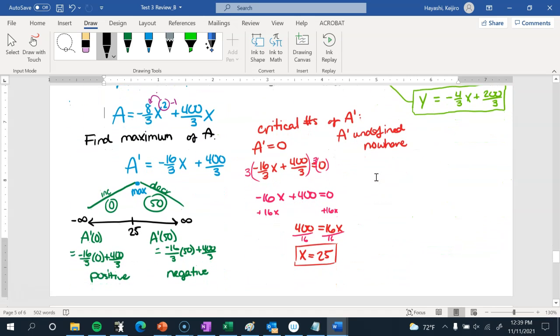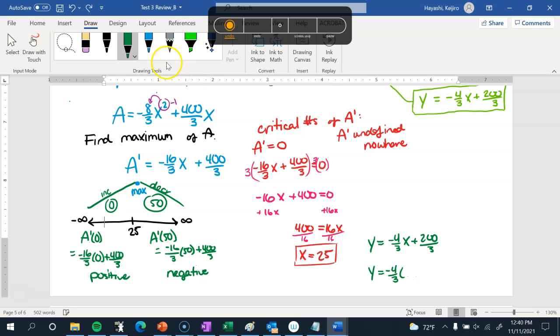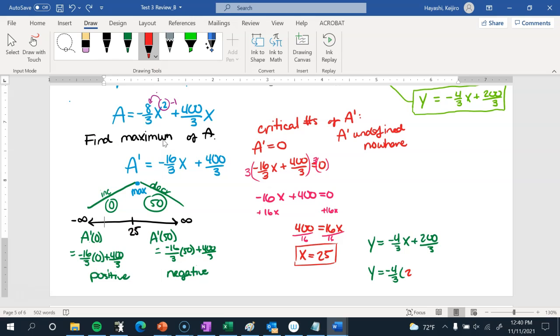But you could also use the expression for y up here. Y equals negative 4/3 x plus 200/3. That's the expression for y that you made out of the secondary equation. So if you plug in the value that you know x to be, which is 25, you can also get 100/3 that way. Because negative 4 times 25 is negative 100/3, plus 200/3.